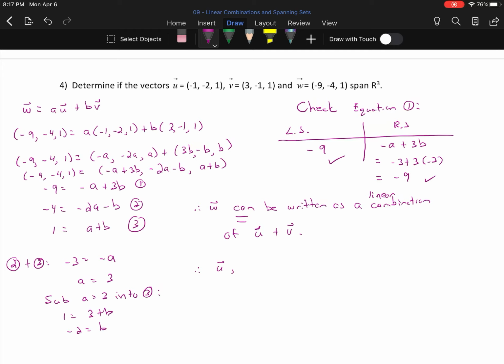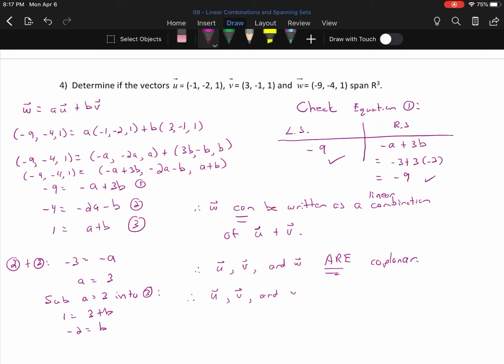Doesn't answer the question yet. W can be written as a linear combination of U and V. Therefore, U, V, and W are coplanar. If they can be written as a linear combination, then they are coplanar.